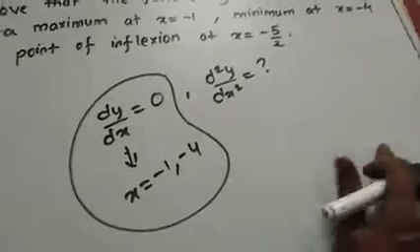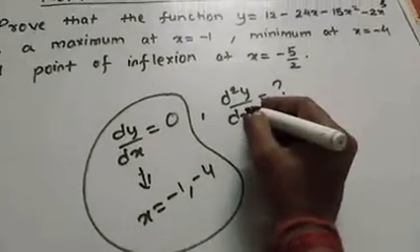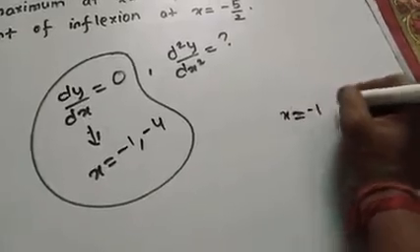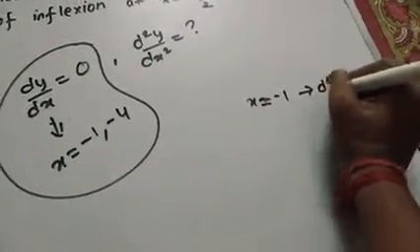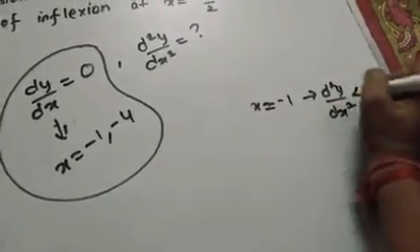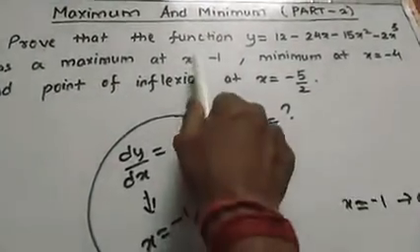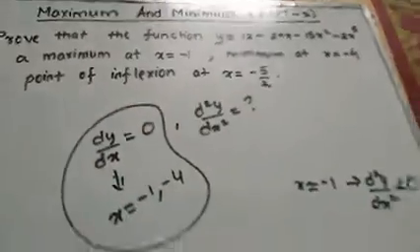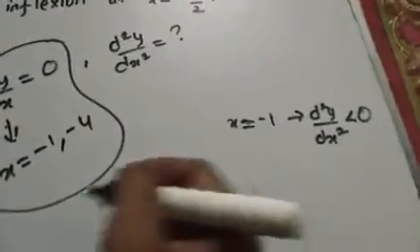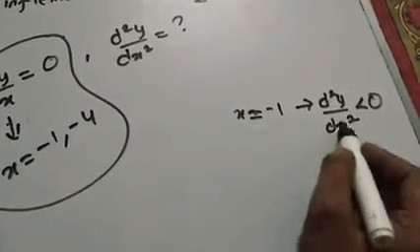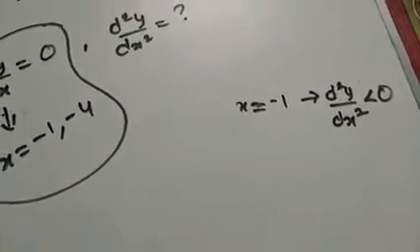Now you will put x = -1 in d²y/dx², and the result will be negative, because the question demands it. The question is saying that for x = -1 the result will be a maximum, so the double derivative value has to be less than 0.